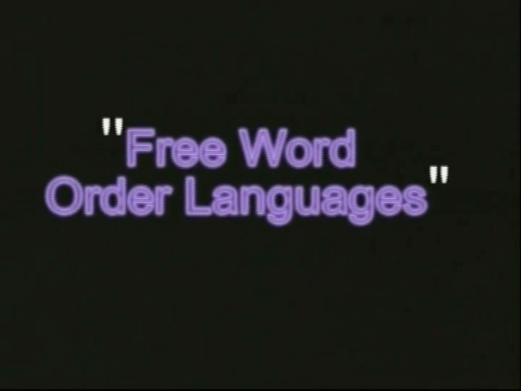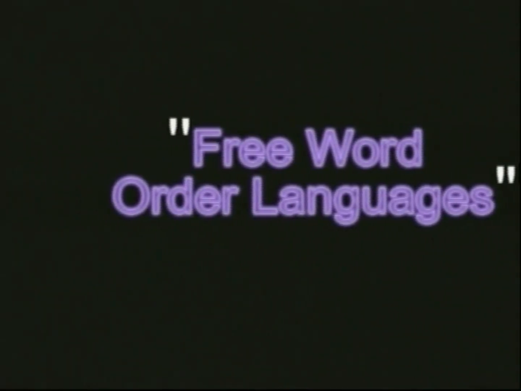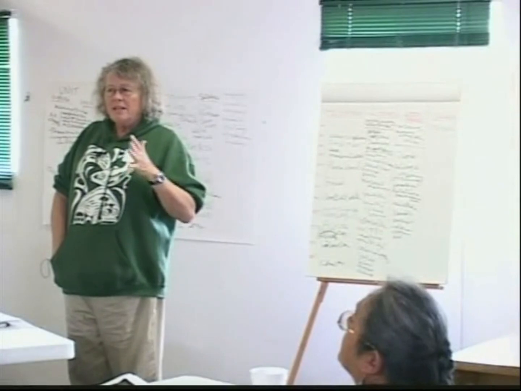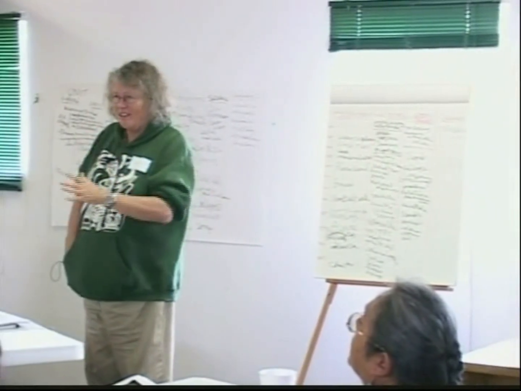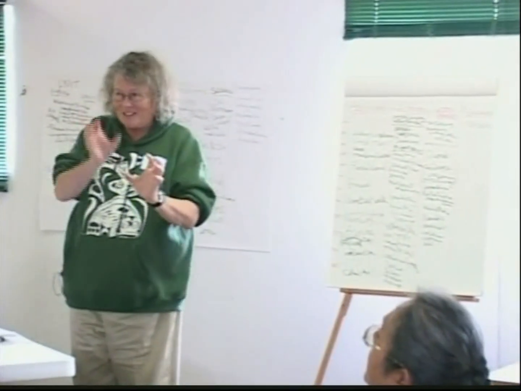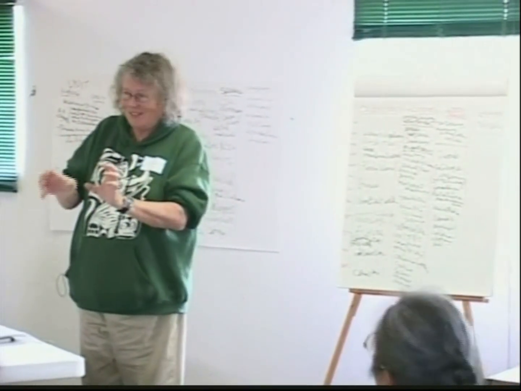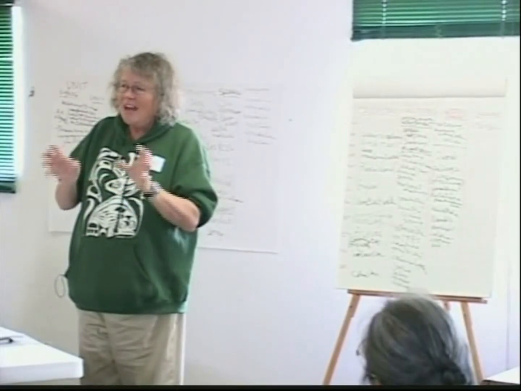Some languages are what we call free word order languages. For example, in English, you have to say the girl kissed the boy. And so you have the girl first, and then the verb, and then what she kissed. And we have to have that word order.